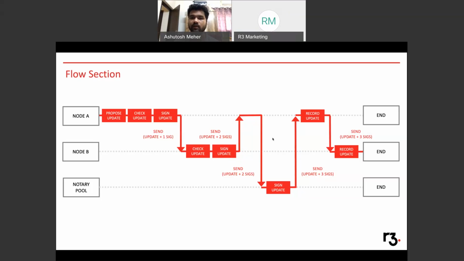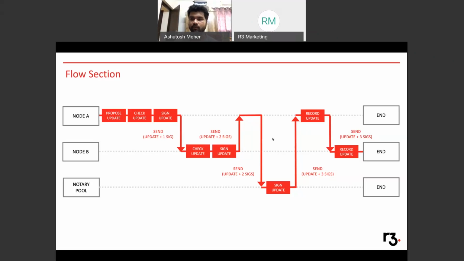There are certain different steps which they need to follow in order to do a particular transaction. So the flows allow you to do that. It allows you to interact with different counterparties, gather information from them to construct a transaction, and then send that transaction over to different counterparties to gather their signatures and do all these steps.